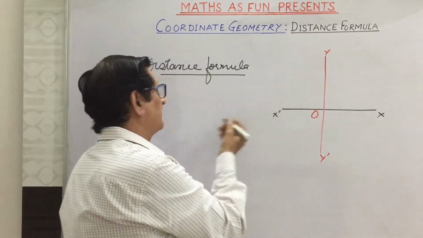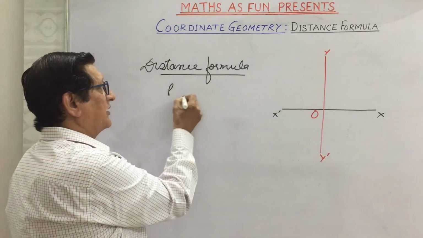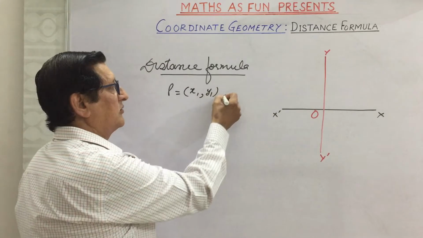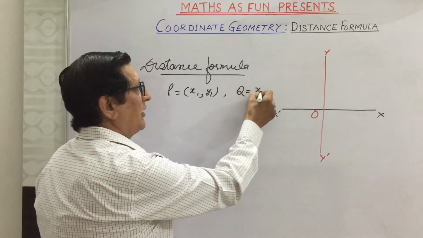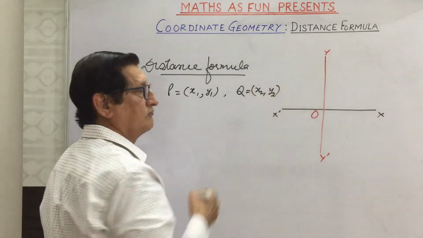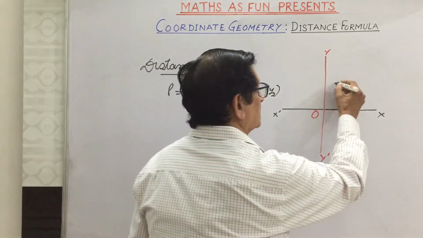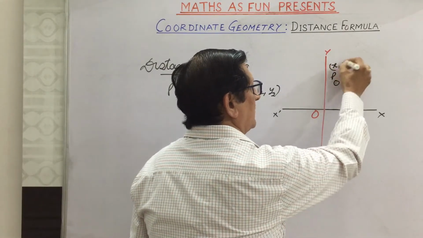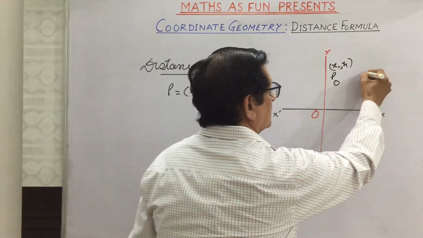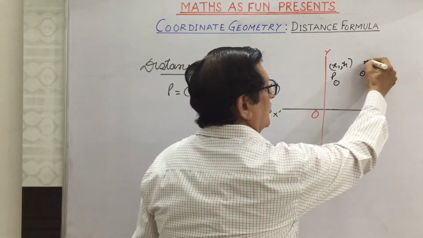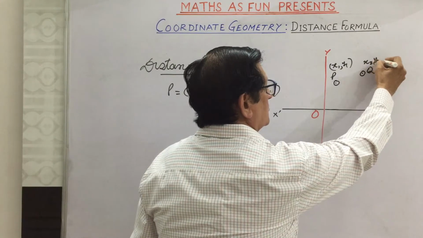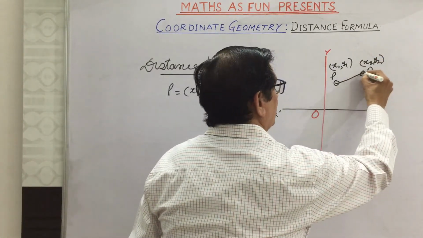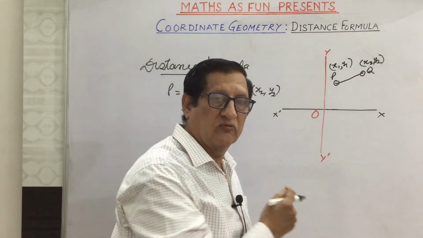Suppose we have been given 2 points P and Q. The coordinates of P are x1, y1 and that of Q are x2, y2. Suppose this is point P, the coordinates of which are x1, y1 and this is Q, the coordinates of which are x2, y2.